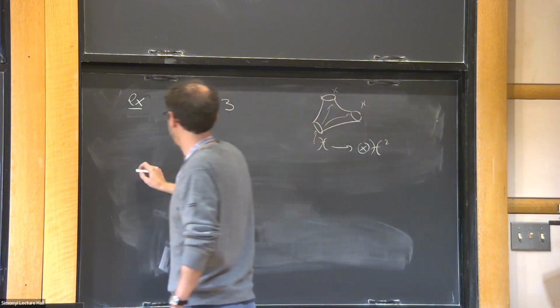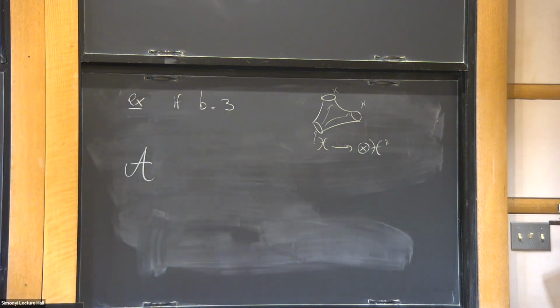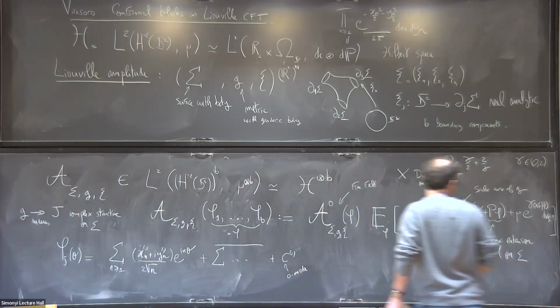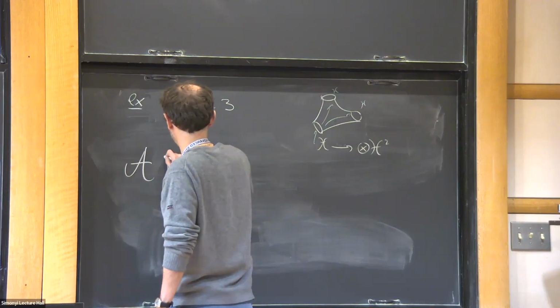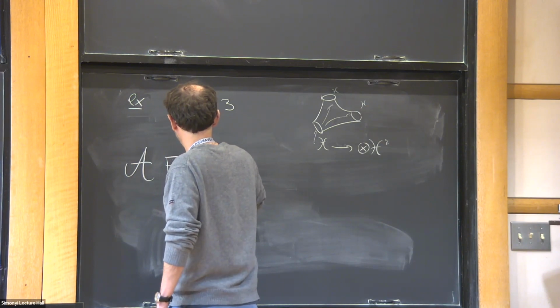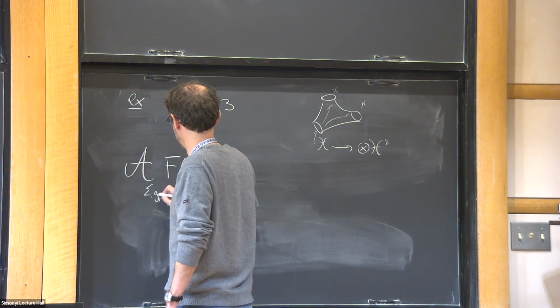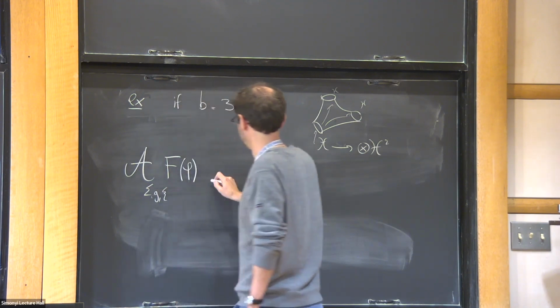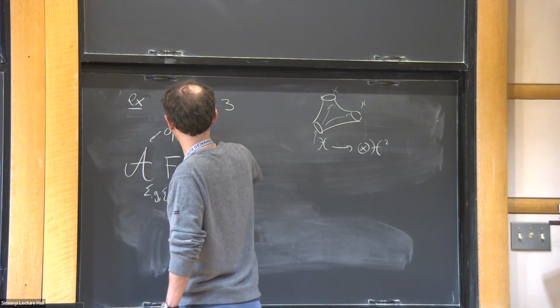And how will you define it? So I keep the same notation here for A. A of f of phi, sigma, G, xi. This is now an operator.